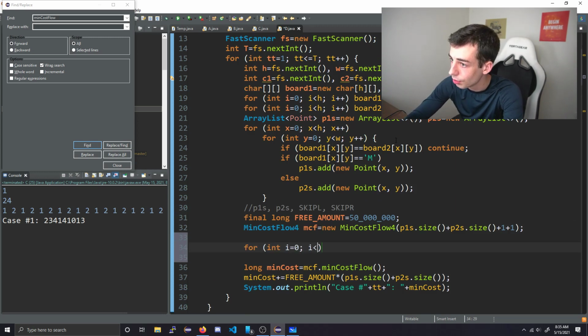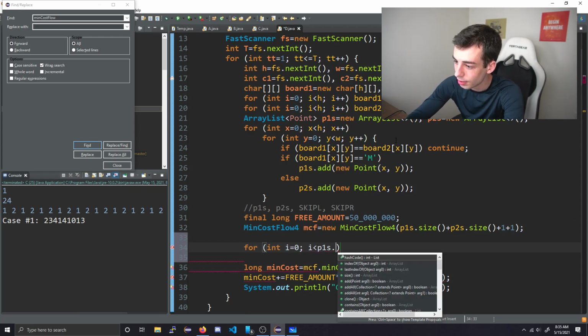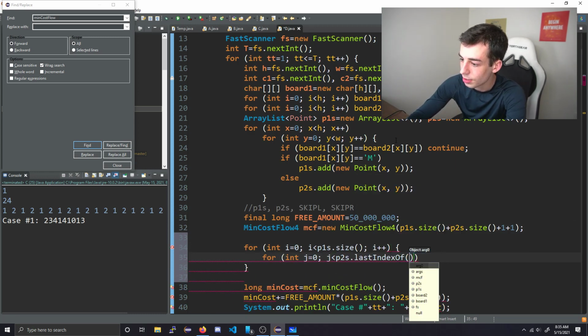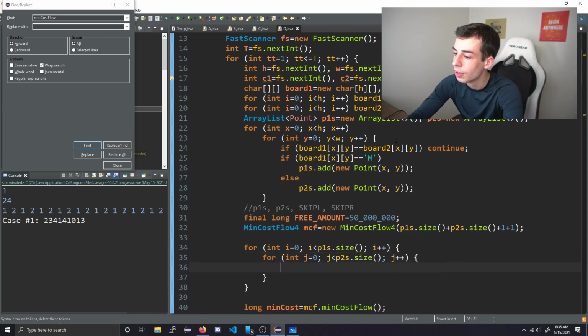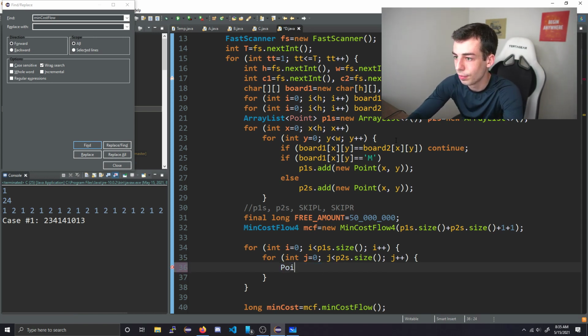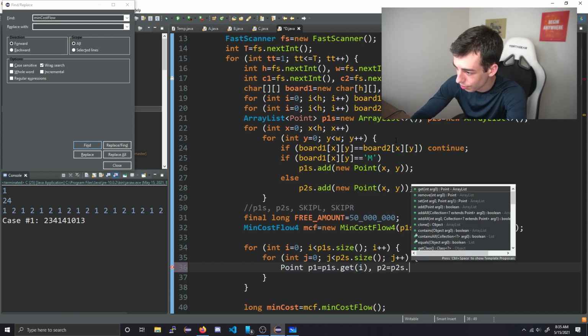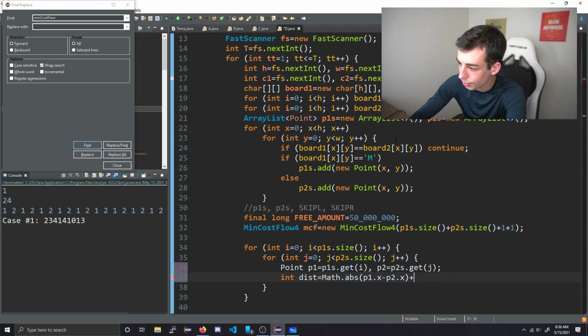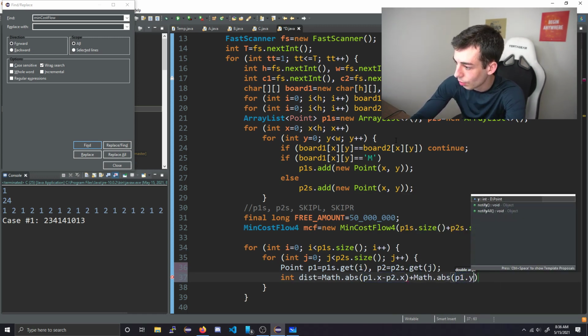i equals 0, i less than p1's dot size, i plus; j equals 0, j is less than p2's dot size, j plus. Point p1 is p1's i get, p2 is p2's j get, dist is math.abs p1.x minus p2.x plus math.abs p1.y minus p2.y.